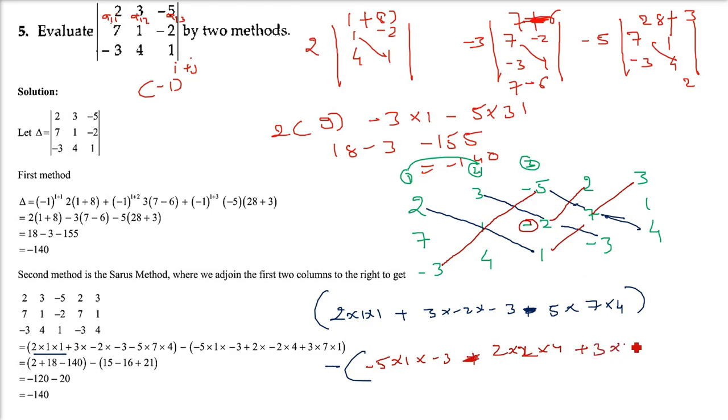Right? When you compute this, it's going to come as negative 140. So I hope you repeat the two columns and use this method to find the determinant easily. Or either way you want, this is up to you, because there are multiple methods to solve the determinant of a matrix.